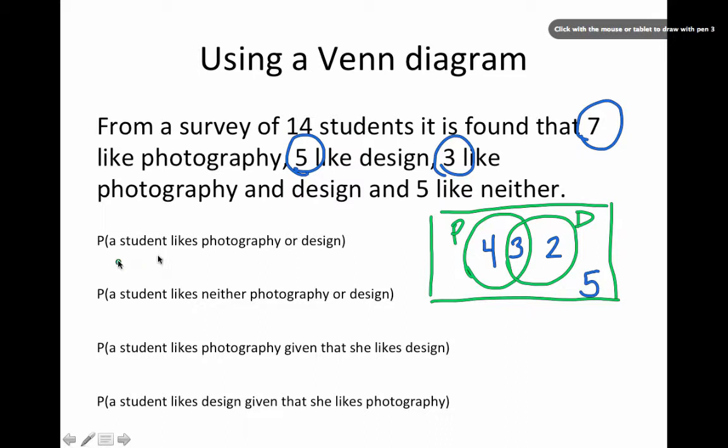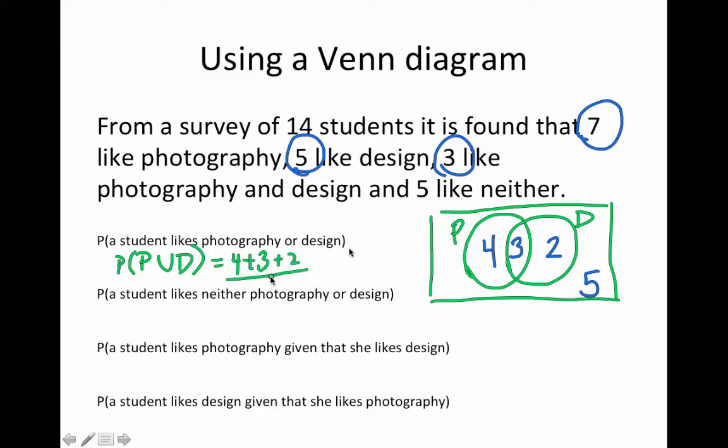So the probability that a student likes photography or design is equal to 4 plus 3 plus 2 divided by the total number of students, 14, which ends up being 9 out of 14, 9/14. So this is kind of review from previous sections.